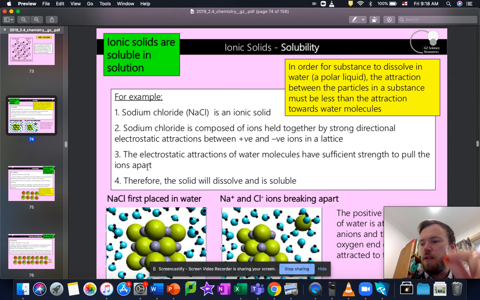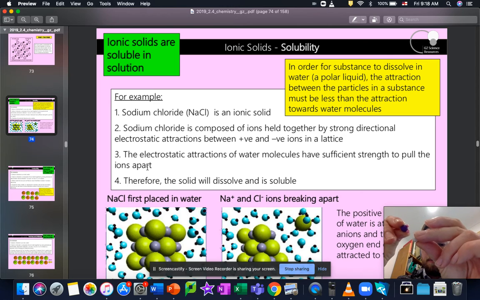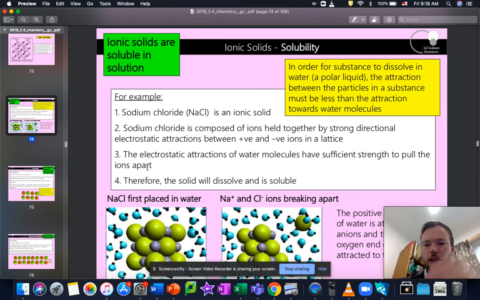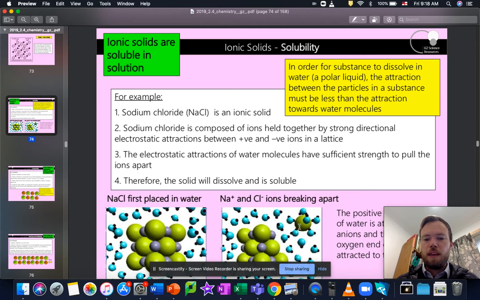And if I have my anion here, it will be surrounded by all of the hydrogen side, or the positive sides, of my water. The attraction between the water and the ions is greater than the attraction between the ions themselves in the solid, if it is soluble.